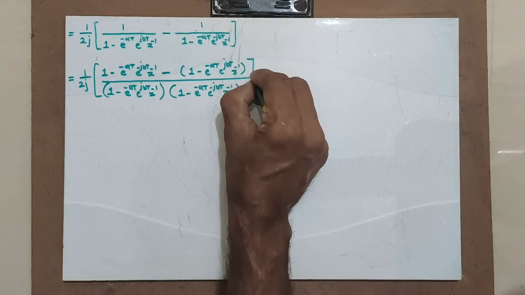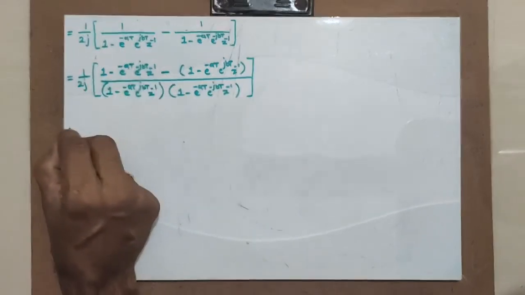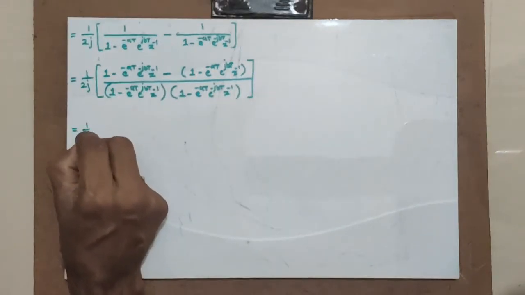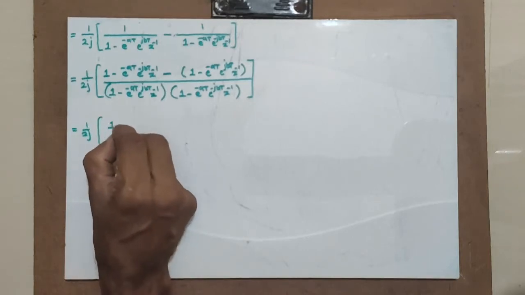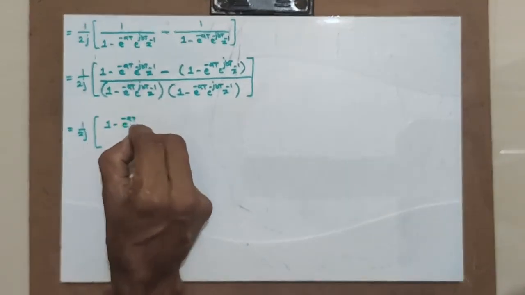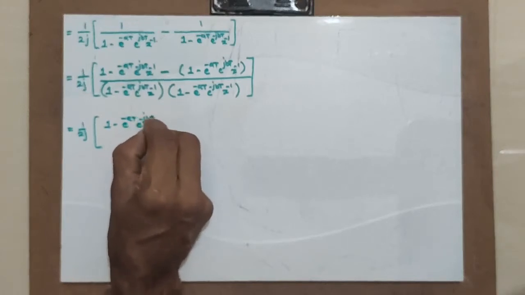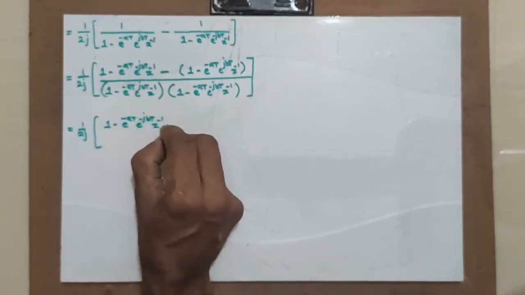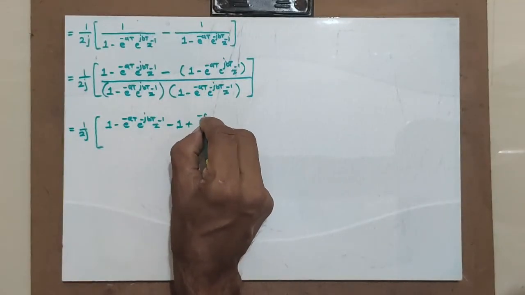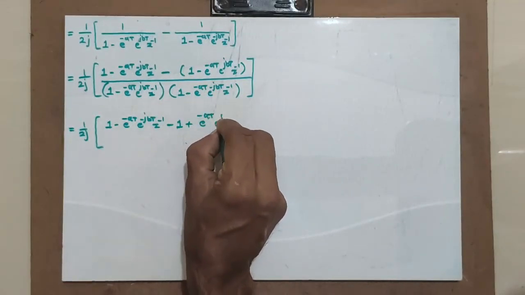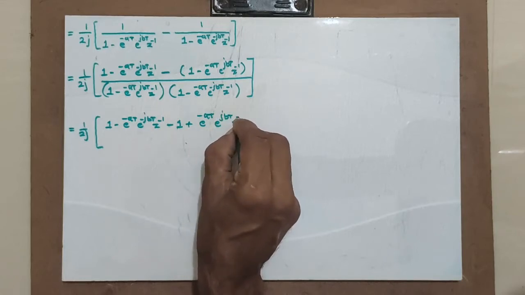Okay, now let us go ahead. 1 over 2j, 1 minus e raised to minus aT, e raised to minus jbT, z raised to minus 1, minus 1, I took this minus inside, plus e raised to minus aT, e raised to jbT, z raised to minus 1.